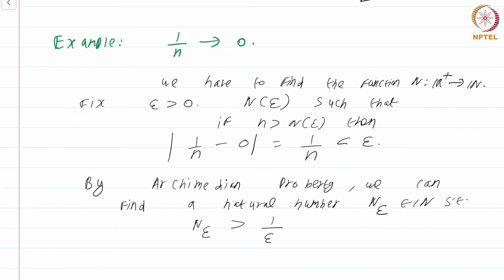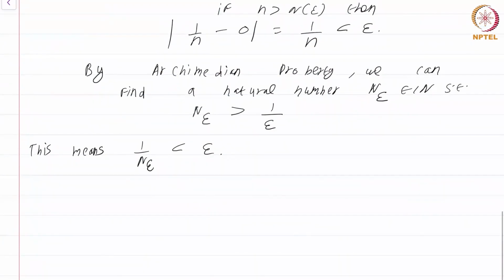In other words, 1 by N epsilon is less than epsilon. Now just set N of epsilon to be this N epsilon.